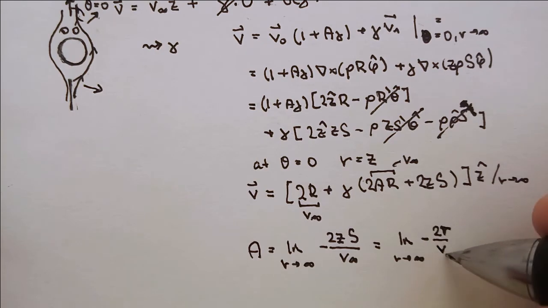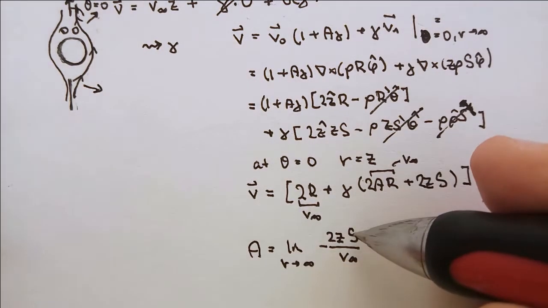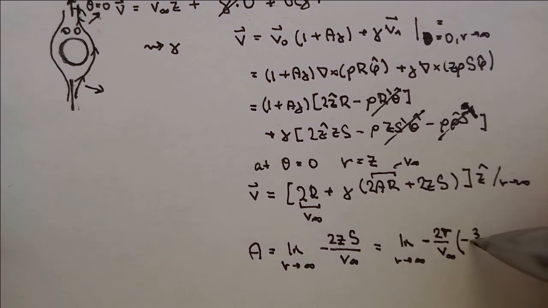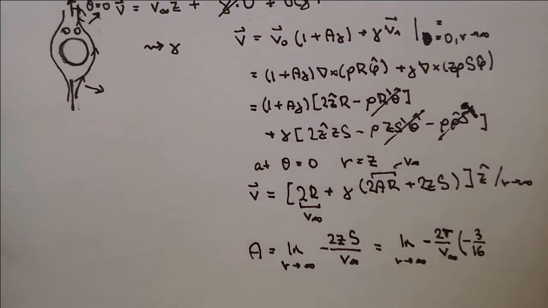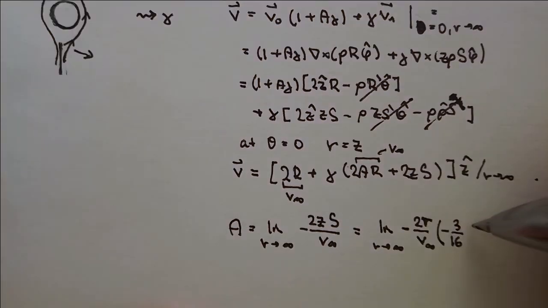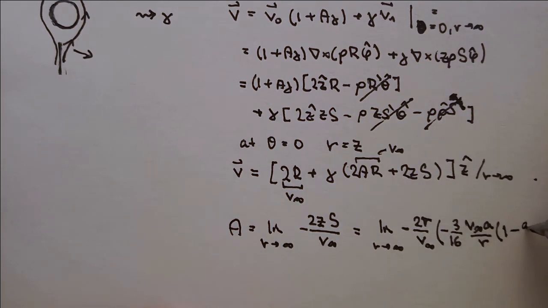So it's minus 2R over V infinity, times S. It was minus 3 over 16 times V infinity times A divided by R, which is basically the S function, 1 minus A squared over R squared.